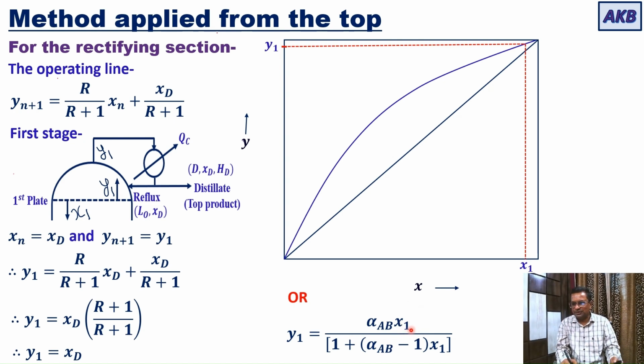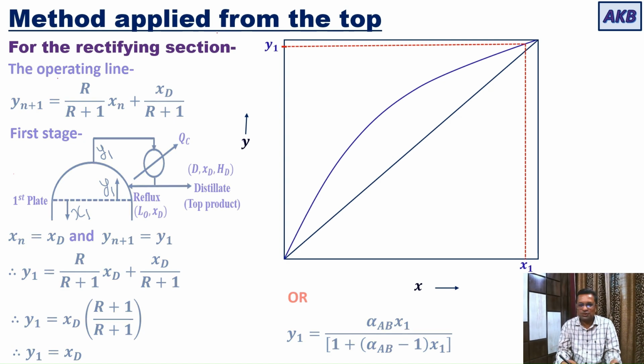You have two choices depending on what is given to you. The idea is to get x1. So for the first stage, you get x1 and y1. That completes the analysis, or calculations, for stage number 1.